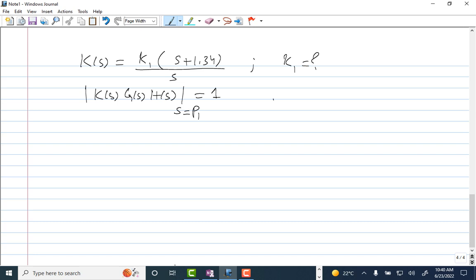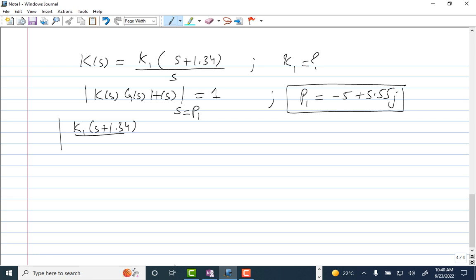If you remember, p1 was minus 5 plus 5.55j. So it becomes k1 times s plus 1.34 divided by s, times the plant, which was 5 divided by s plus 3 times s plus 8. Now take the magnitude equal to 1. I have to evaluate at p1.